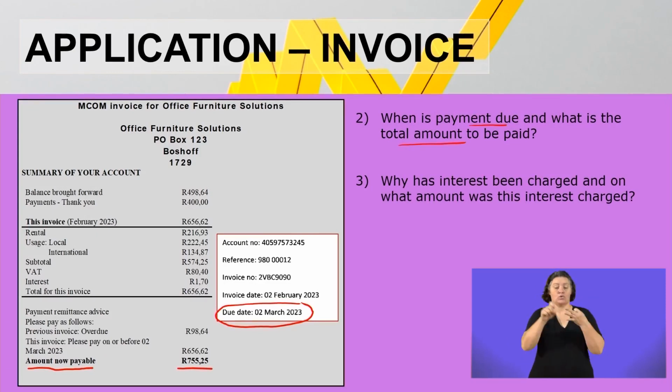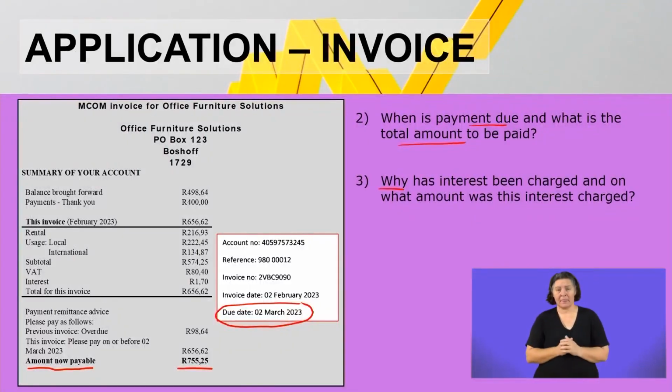Why has interest been charged and on what amount was the interest charged? Remember, this account was not settled in full, so that's the why part of it. They still owed money. And on what amount was the interest charged? As we indicated from the previous invoice, the overdue amount is 98 Rand and 64 cents. I hope that is clear to all of you.